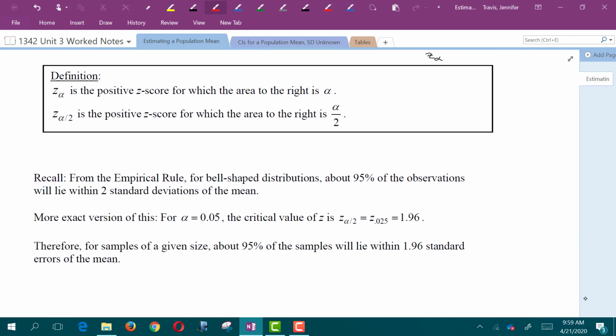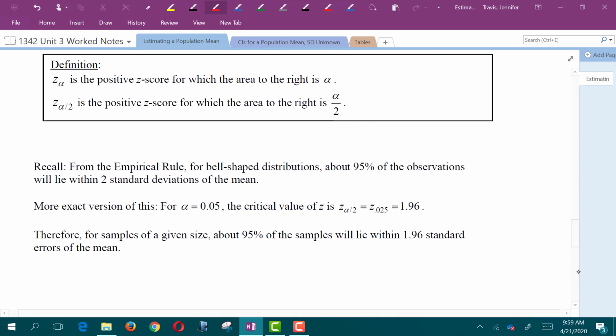Okay, let's go back to something we've talked about before. Remember our empirical rule? Remember this applies for bell-shaped distributions. If you'll recall, about 95% of the observations or data points will lie within 2 standard deviations of the mean. So now let's talk about a more exact value of this. If the alpha is 0.05, so notice this 95%, what is that as a decimal? 0.95.